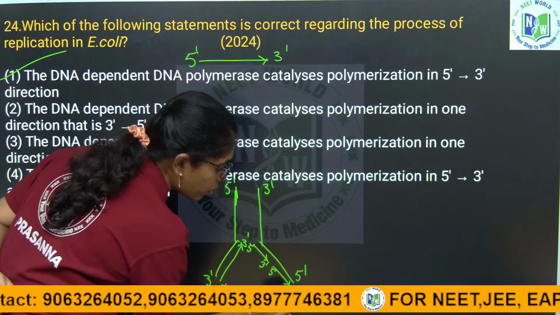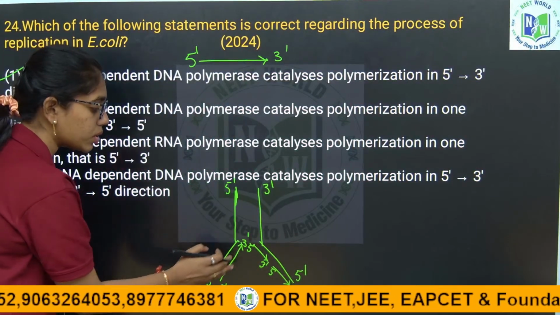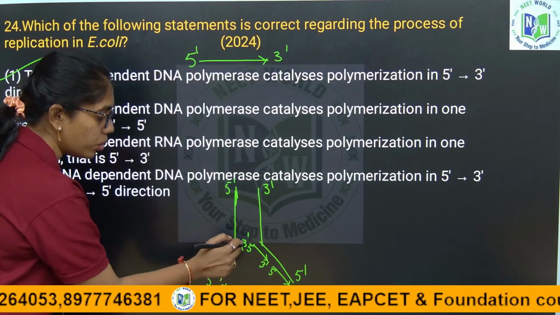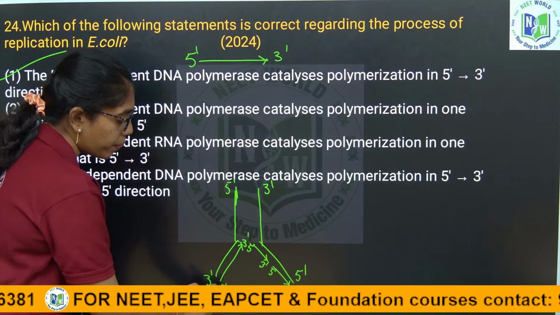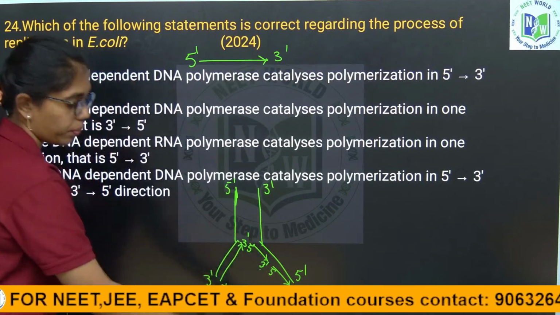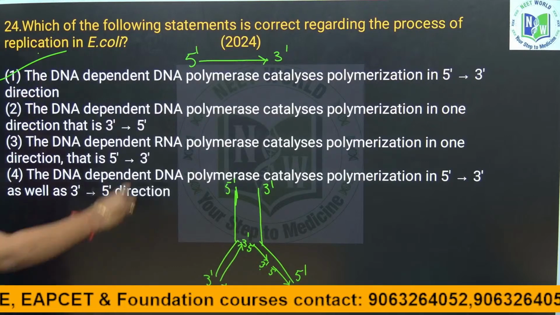So synthesis always takes place in 5' to 3' polarity. Clear? So here option 1 is the correct answer.